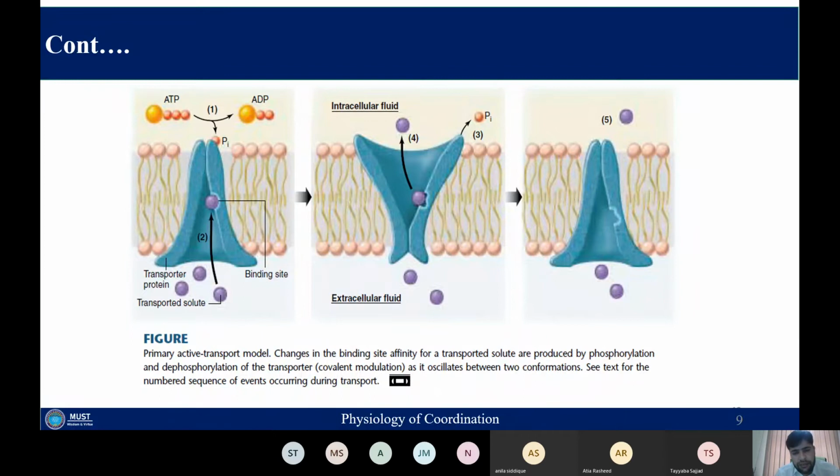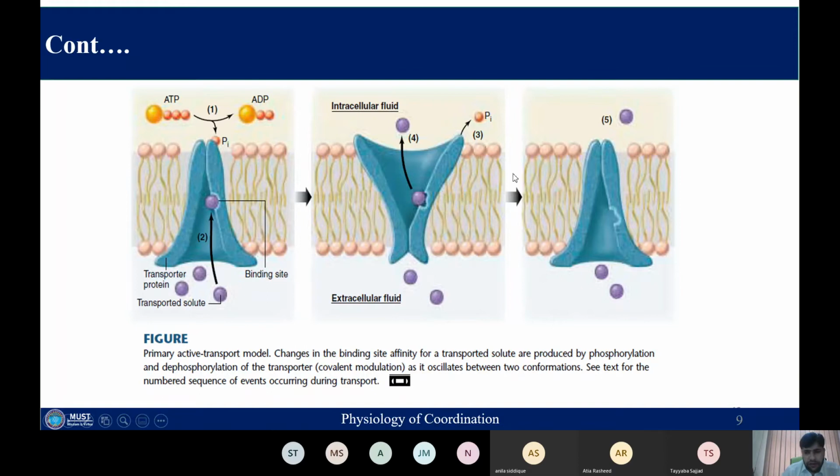Sometimes they remain in the open configuration, and at other times they will be in the closed configuration, and these shapes are repeated time and again. This is called oscillation, and these thermal oscillations are not totally dependent upon the phosphorylation mechanism.